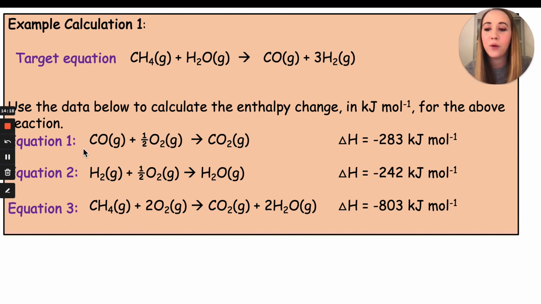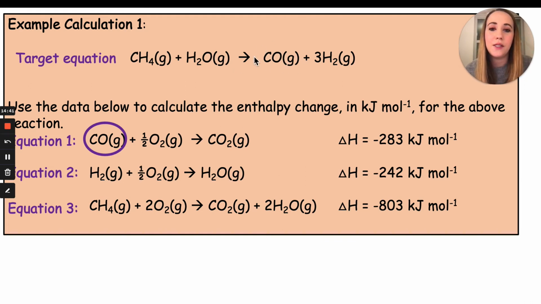Okay, so in our working, what we're going to do is look through each of our equations and see which of the chemicals in the target equation they've got. In equation 1, right at the start here, we've got carbon monoxide, CO, which is part of our target equation. That's the only chemical here that's part of this equation.